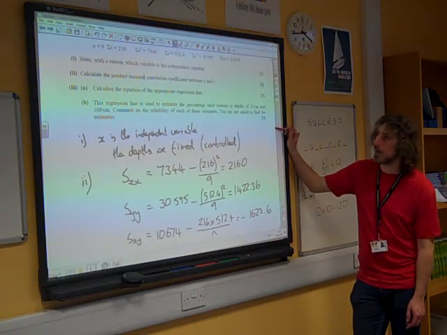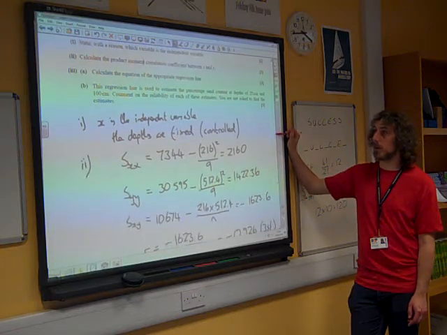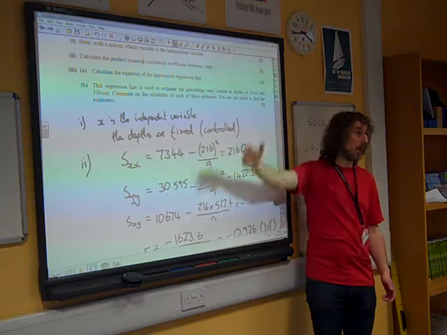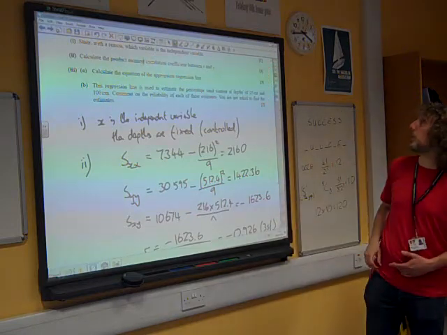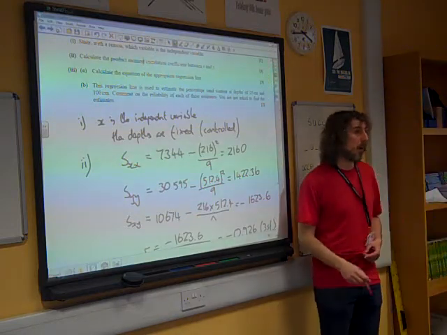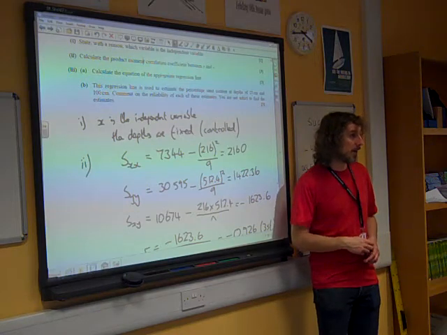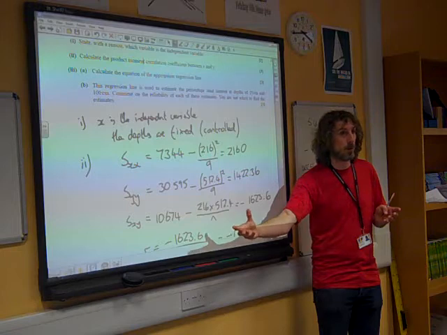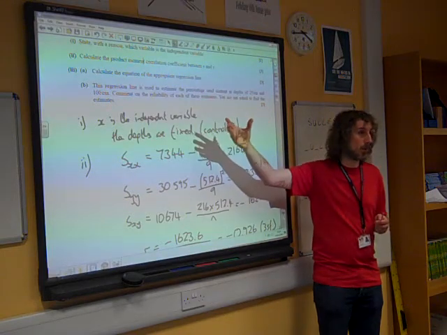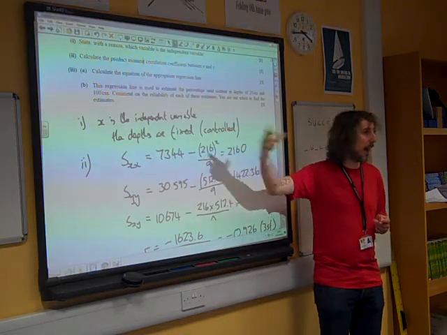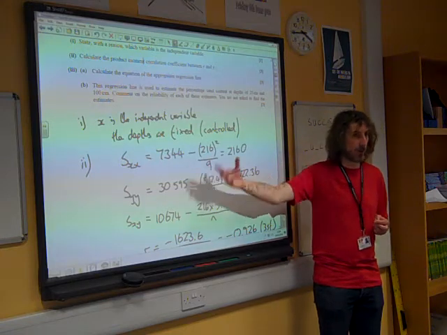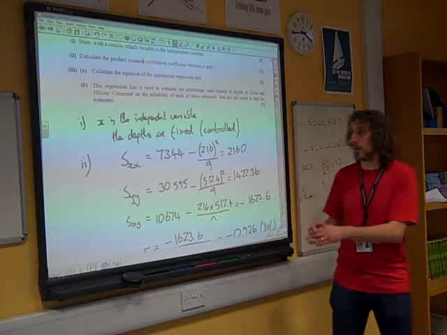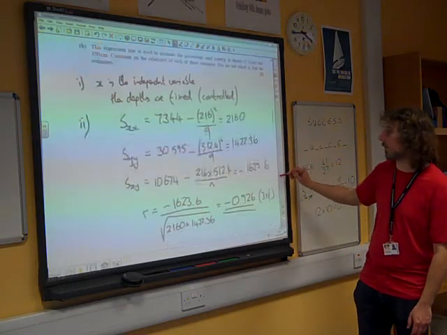Part 3, sorry. Calculate the equation of the appropriate regression line. Well, this relates back to part 1, state with a reason which variable is independent. So the regression line is always on the independent variable. So if x is the independent one, we're looking for the y on x line. Something is dependent on the independent variable. So it's y on x is the line that we're after.